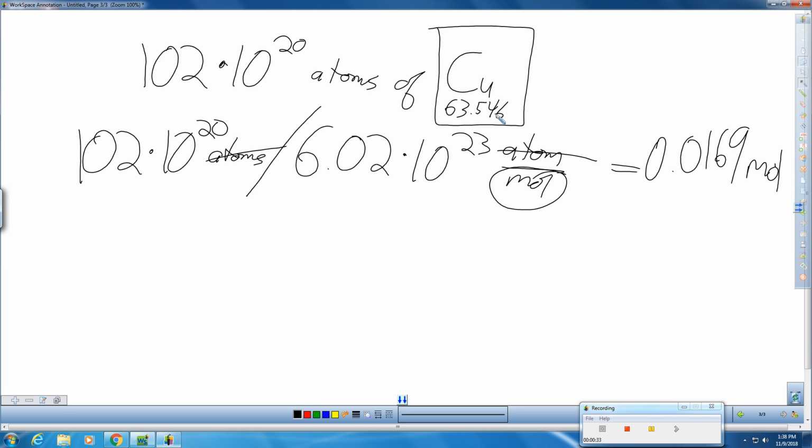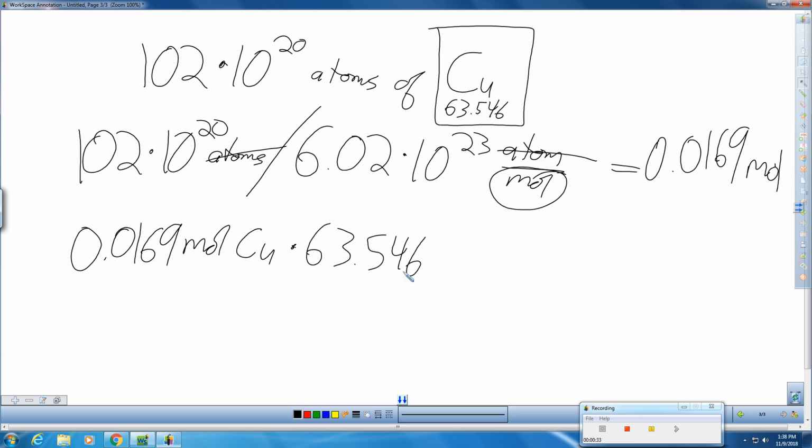All right, so we will now take 0.0169 moles of copper, and we're going to multiply by 63.546 grams per mole.